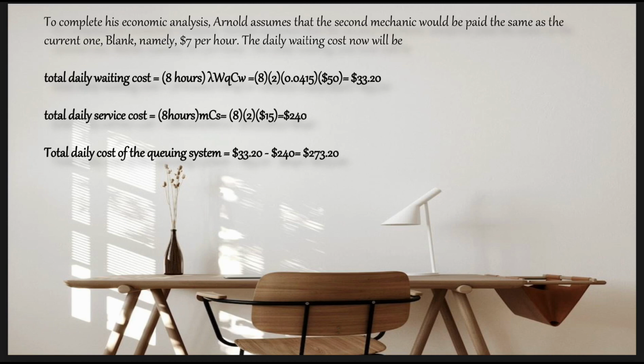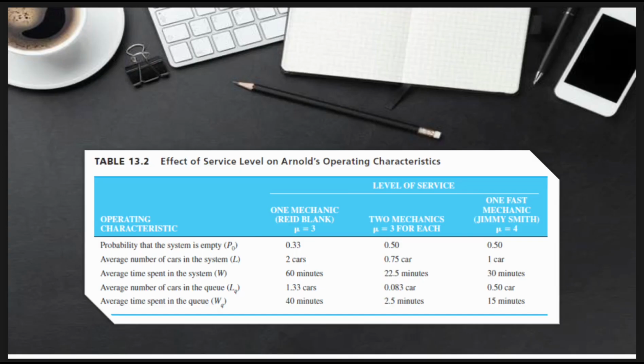To get the sum, multiply the 8 by 2 by $15, and the total is $240. The total daily waiting cost is $33.20 and the total daily service cost is $240. So you should add the $240 and $33.20, and that is equal to $273.20, and that is the total cost of the queuing system.